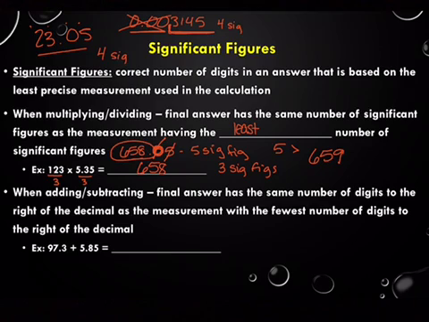So when you add or subtract, your final answer has to have the same number of digits to the right of the decimal as the measurement with the fewest number of digits to the right of the decimal. So we have 97.3, and there's 1 digit to the right of the decimal. And 5.85, here we have 2 digits to the right of the decimal.